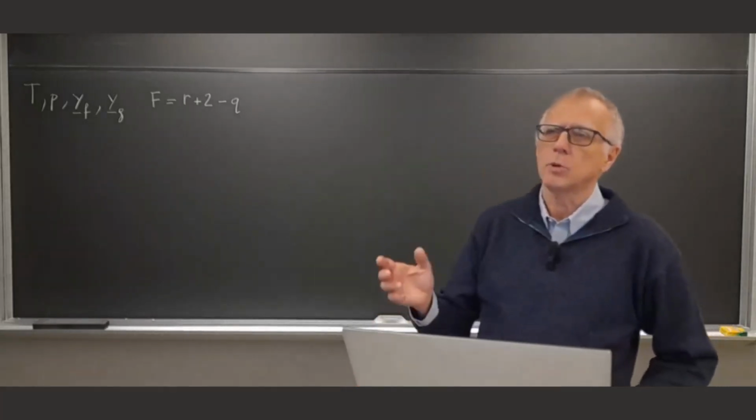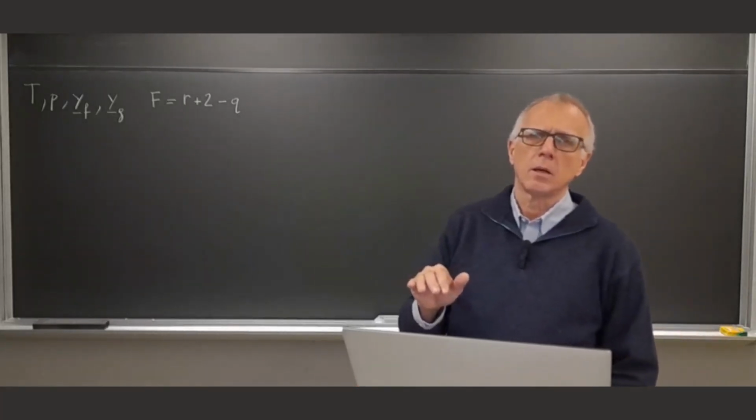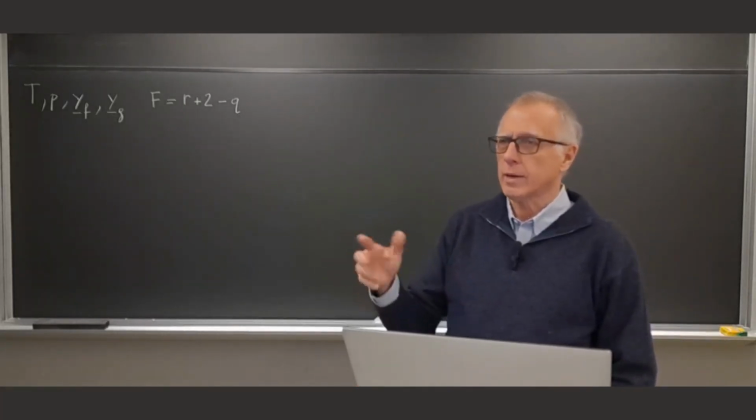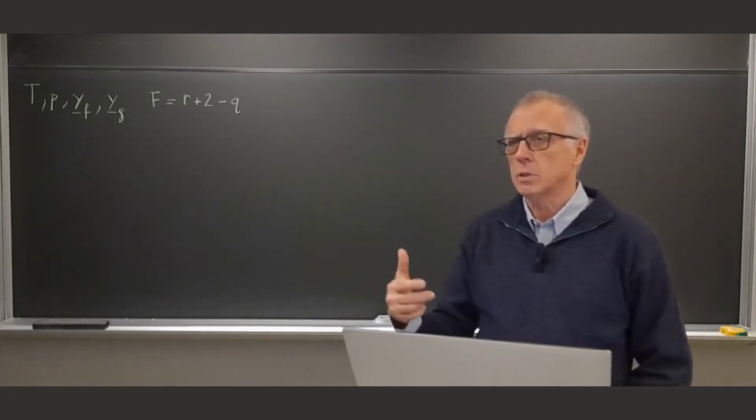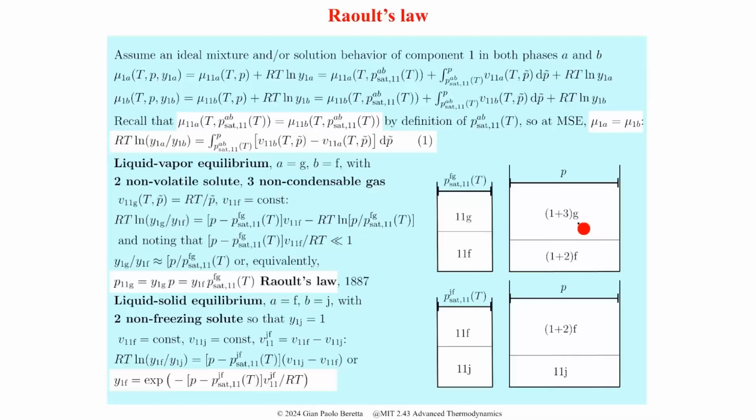For example, it could be air, because humid air has some humidity, and humidity is water vapor. So this is, for example, salt water and humid air, moist air in mutual equilibrium.